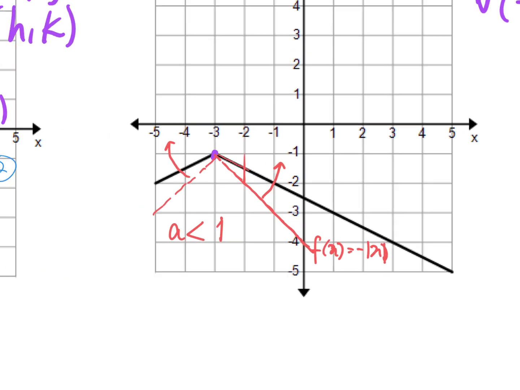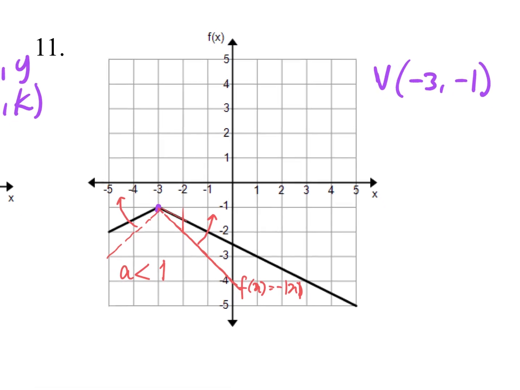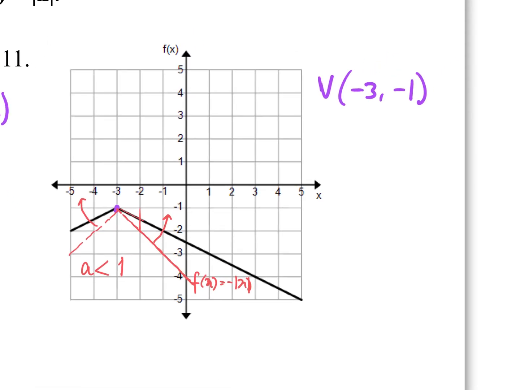Okay, so with that information that I have observed, now I can write my equation. Okay, so let's write our equation. y is equal to, our vertex is located, now it's going to be reflected, so I'm going to say negative, and then |x - 3|, because that's my h in there, and this is my k, and then minus 1.